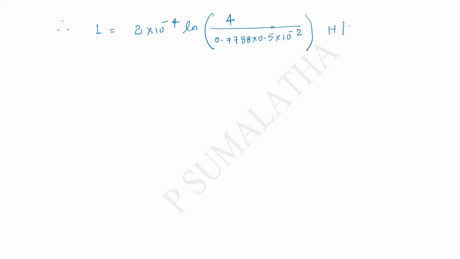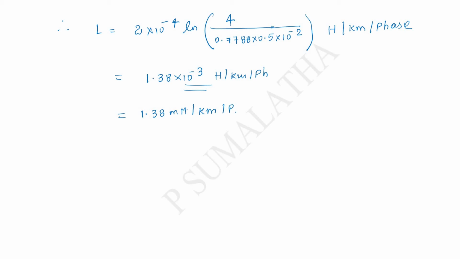The unit is Henry per kilometer per phase. If you simplify this equation, we get the inductance value as 1.38 into 10 to the power of minus 3 Henry per kilometer per phase. Since it is 10 power minus 3, you can write this as 1.38 millihenry per kilometer per phase. So we got the inductance value.